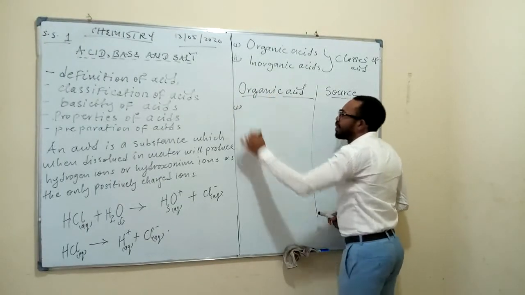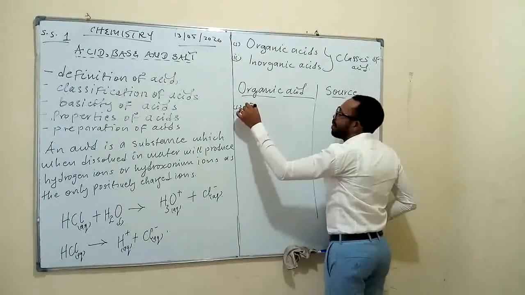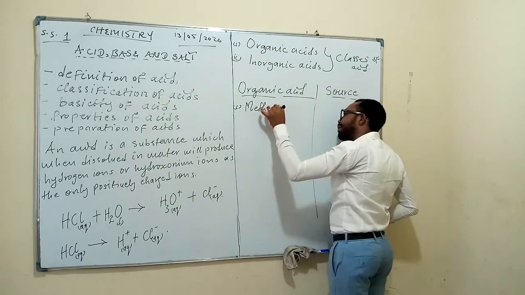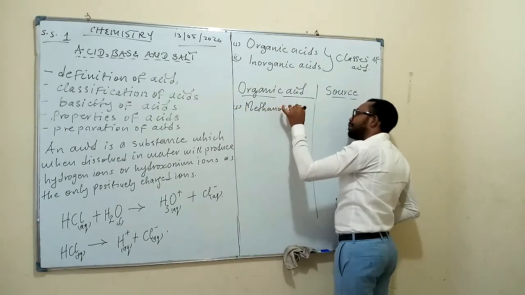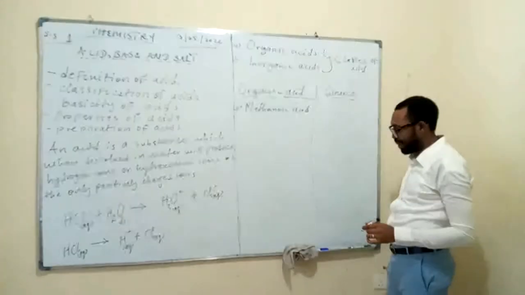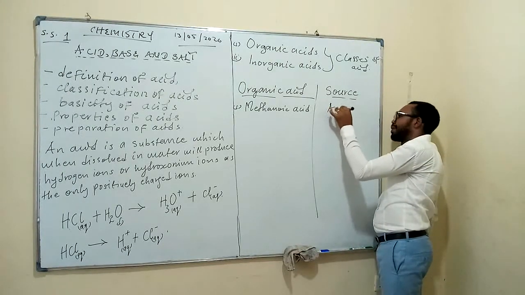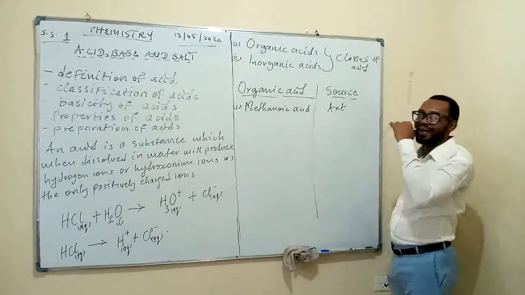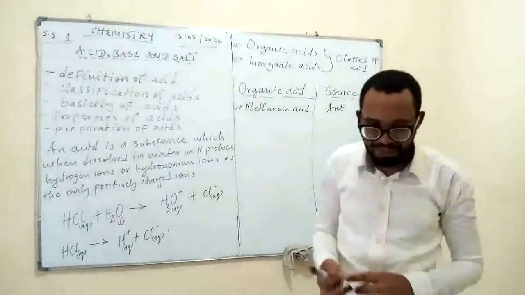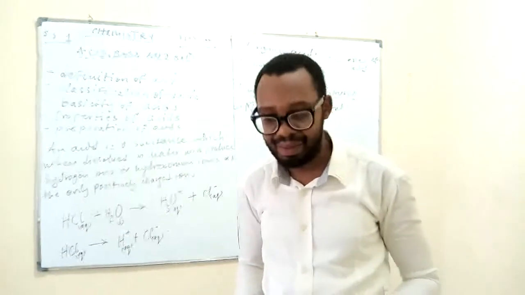The first type of organic acid is called methanoic acid. Methanoic acid is from ants. Are you surprised? Methanoic acid is gotten from ants.